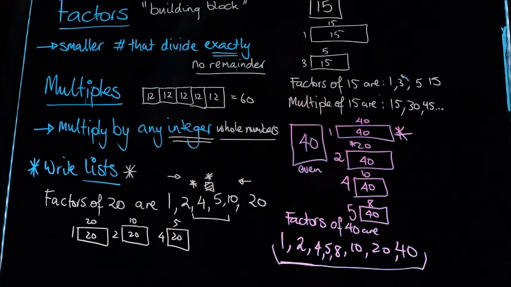Okay, so I'm not going to write out a list of multiples of 40 because I've run out of room. But I'm sure you can. If you come back to this example up here, swap out the 15 and make it 40, and that's easy.